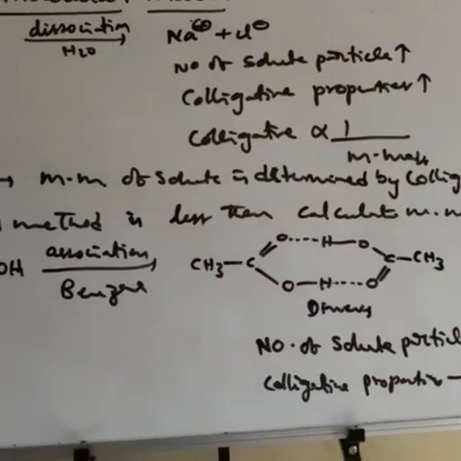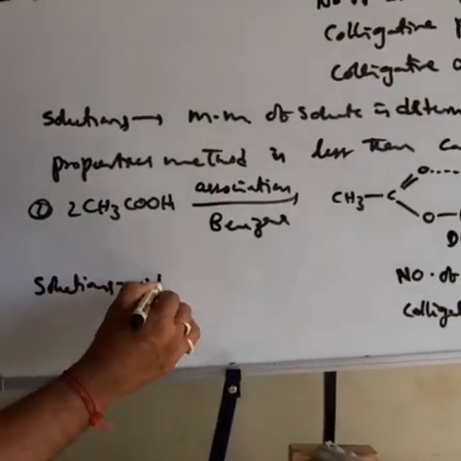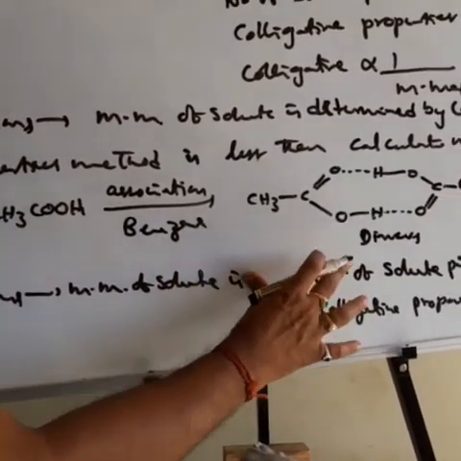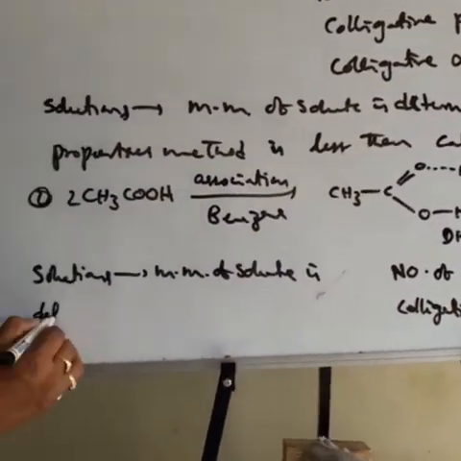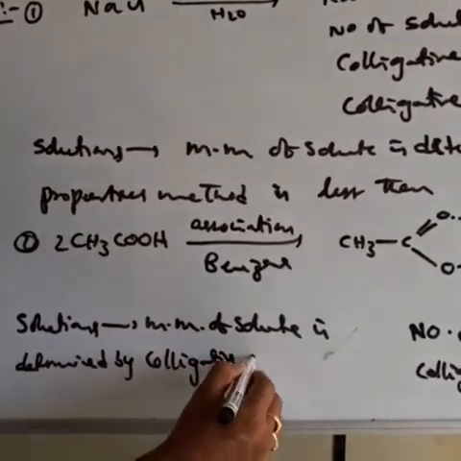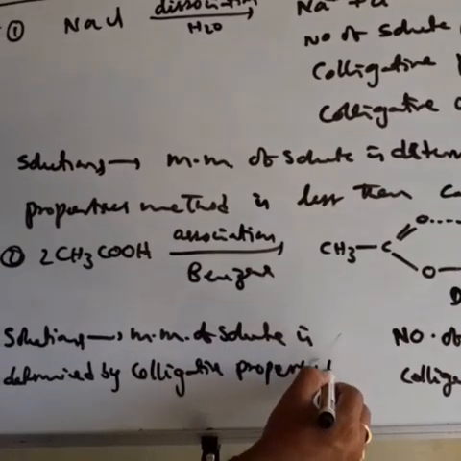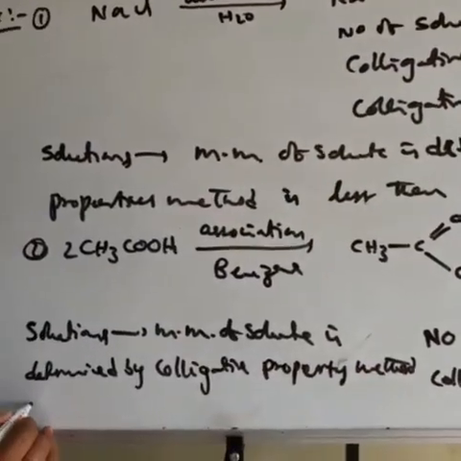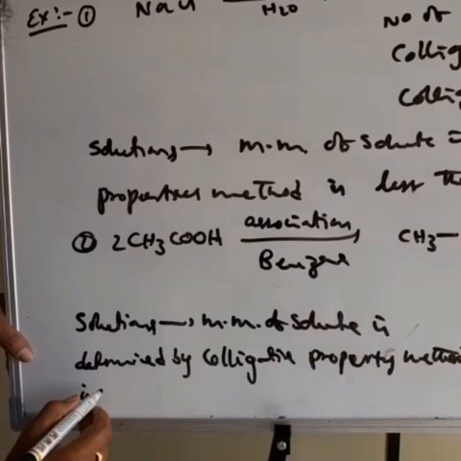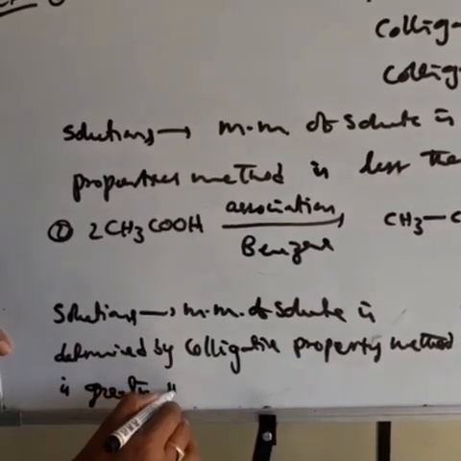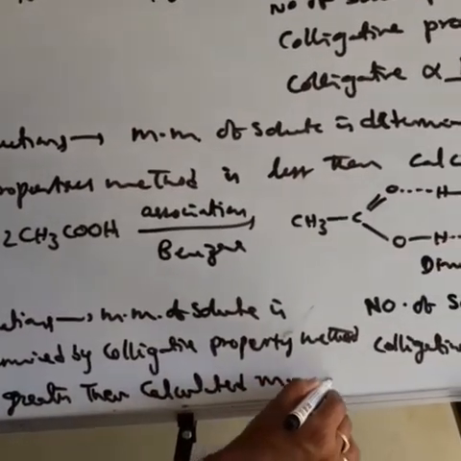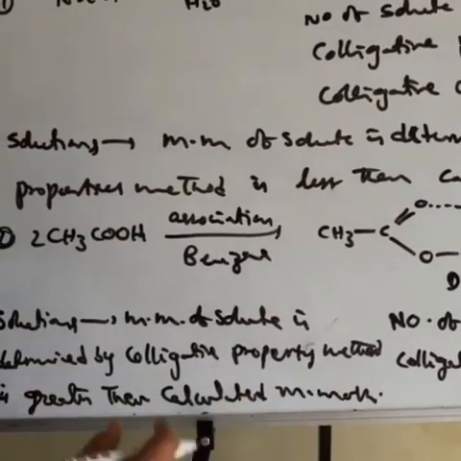For such a solution, the molecular mass of the solute determined by the colligative property method is more than, or greater than, the calculated molecular mass. So this is also abnormal molecular mass.